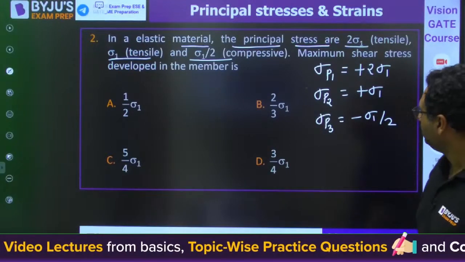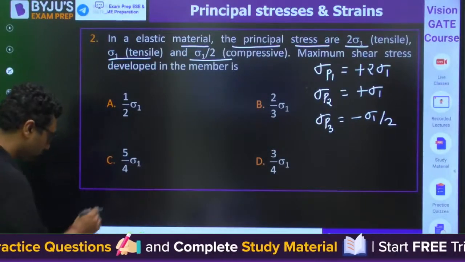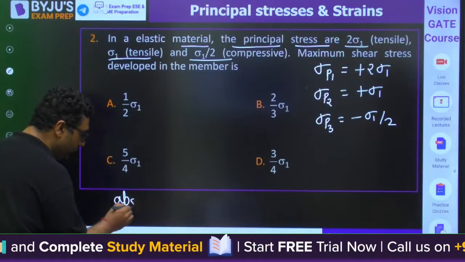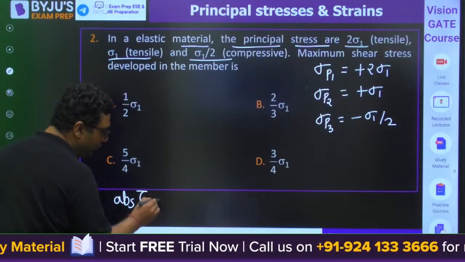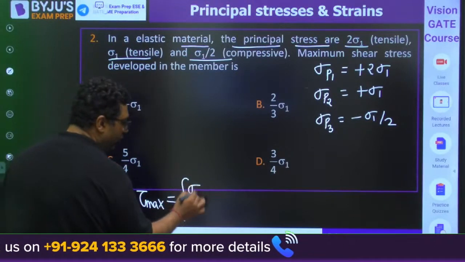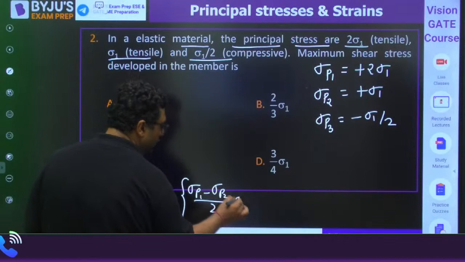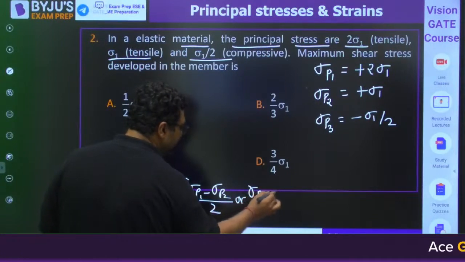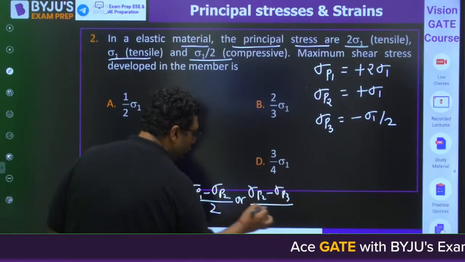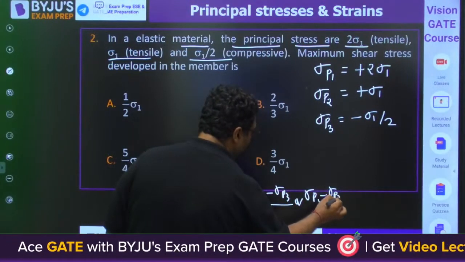What is the maximum shear stress? You know that absolute maximum shear stress is the maximum of (sigma P1 minus sigma P2) by 2, or (sigma P2 minus sigma P3) by 2, or (sigma P1 minus sigma P3) by 2.